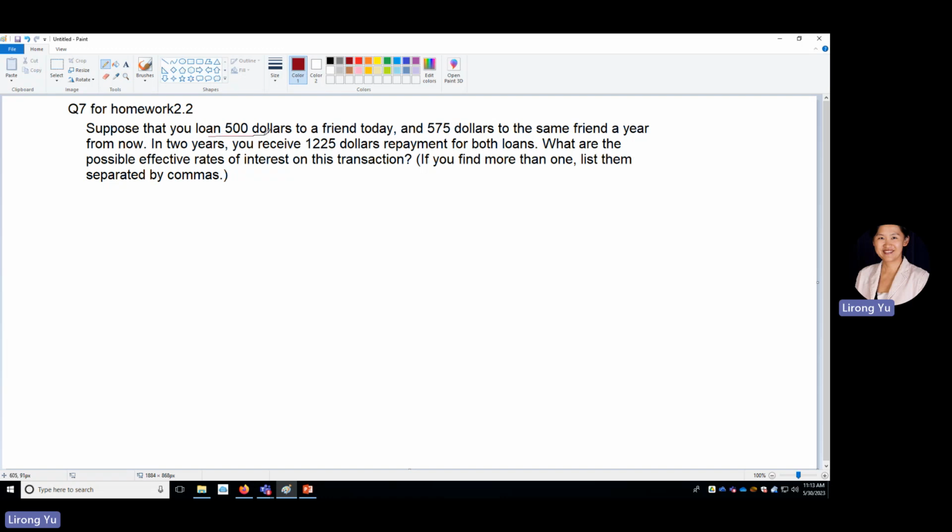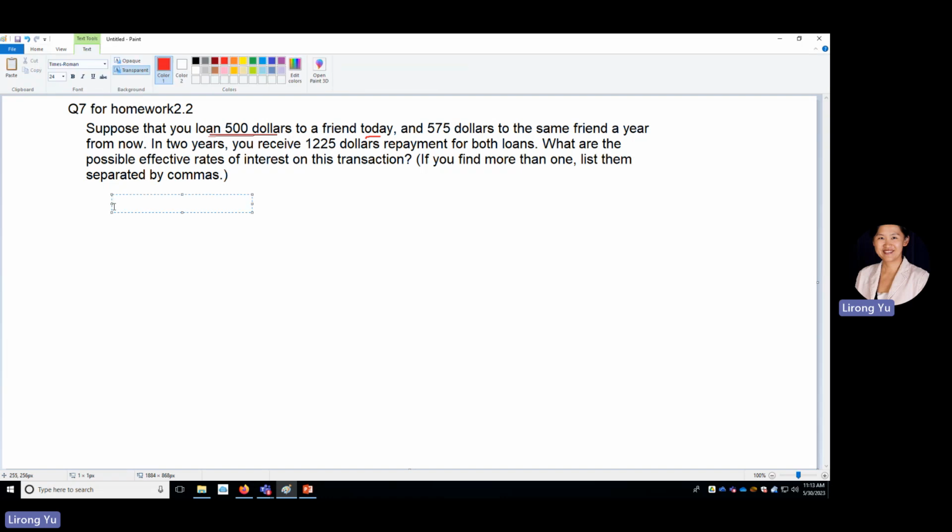You loan 5,000 today, so you can think of this as time 0. And what's your cash flow? You're giving your money away, so you're loaning it. So your cash flow is actually negative 5,000.